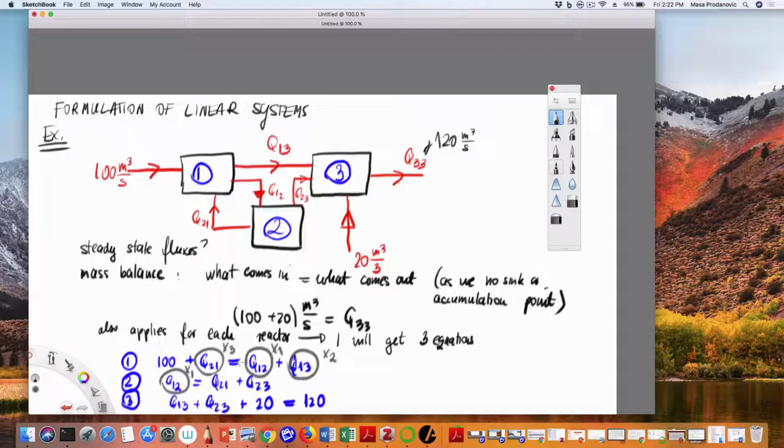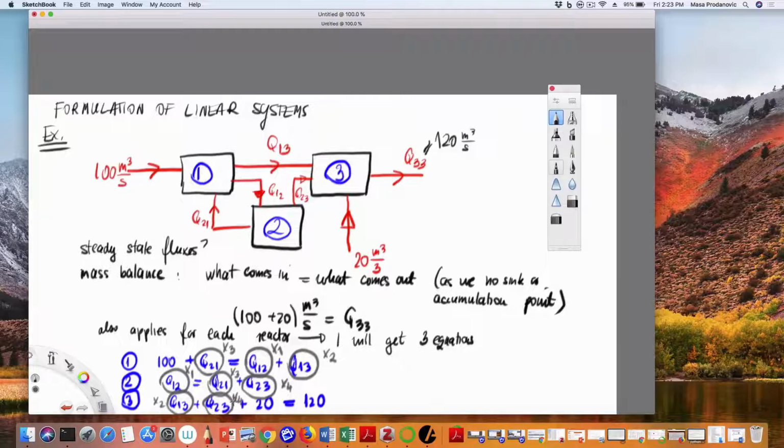I'm kind of thinking about them as a matrix, going down the rows and numbering them that way. Q23 I have not had so far, so this is my x4, and this is my x2 and x4. So this is just labeling them the way we're a little more used to labeling things.